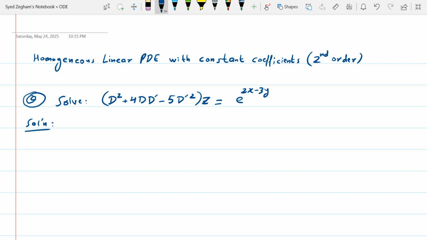Okay, let us see the solution, how we solve this partial differential equation of second order. Now, many things will sound similar to what we did when we were solving second order ordinary differential equations. If you remember, in ODE, we started with the auxiliary equation.